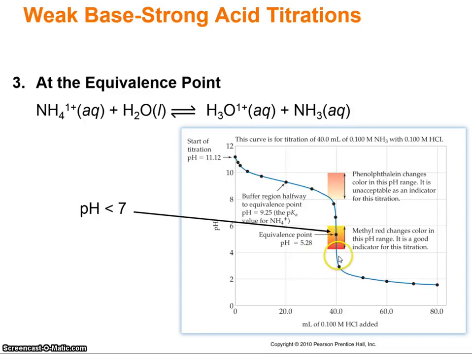And again, notice it's a very narrow range over which that large pH jump happens. So this is maybe 40.1 milliliters and 39 milliliters. Not a big change, but resulting in a large pH difference.